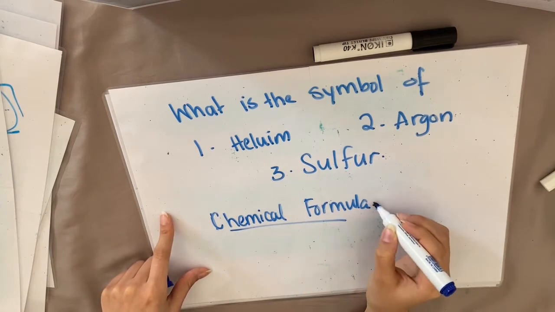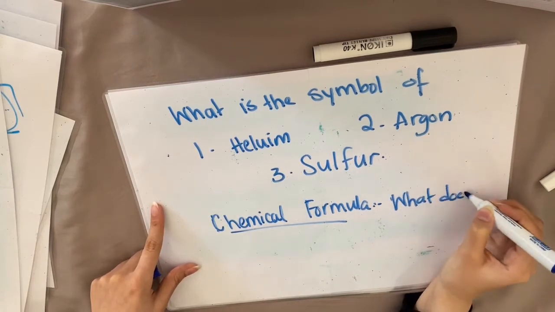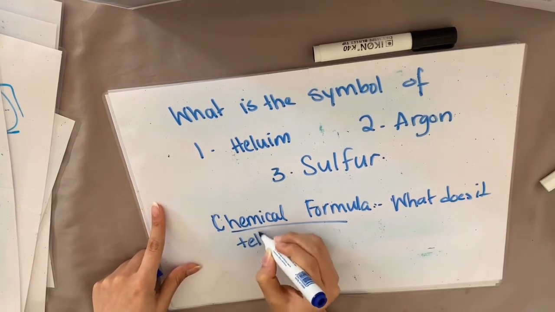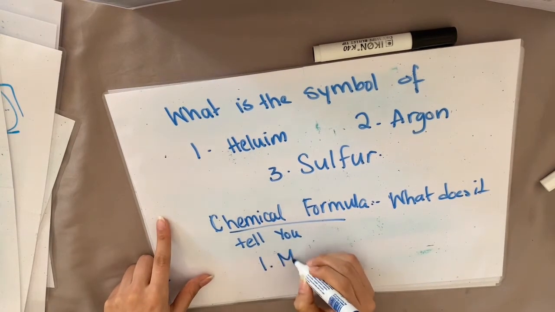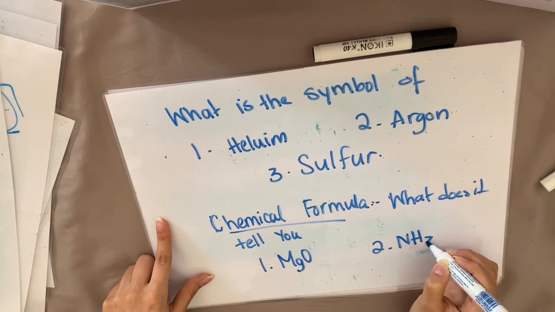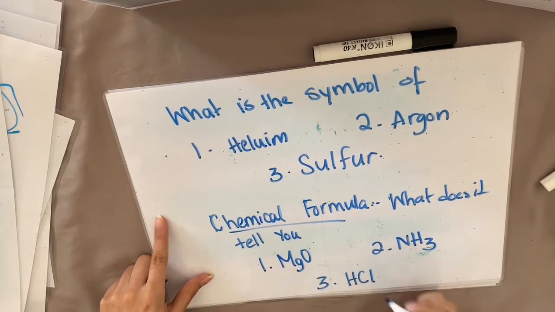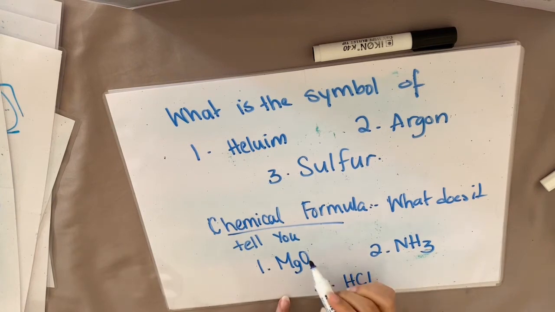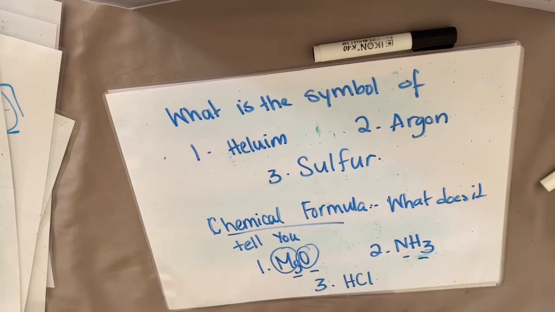What I need you to do is tell me what it presents. What does it tell you? 1, MgO, 2, NH3, and 3, HCl. You are going to tell me what this is, what are the subscripts, and what do the subscripts tell us? And I hope our lesson is clear.